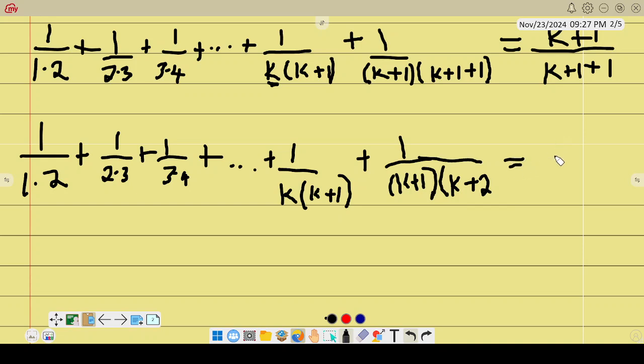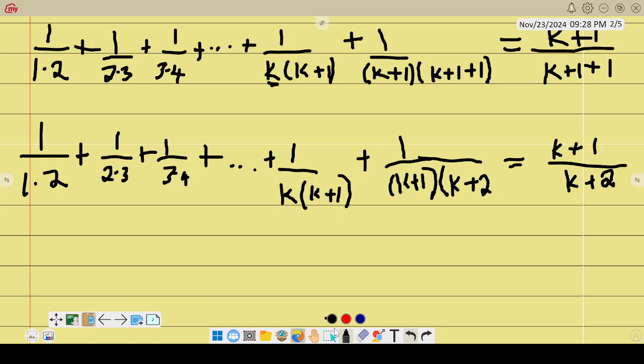So these are equal to k plus 1 over k plus 2, because 1 plus 1 is 2.